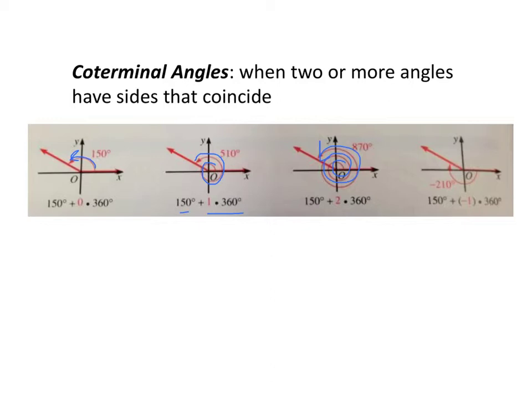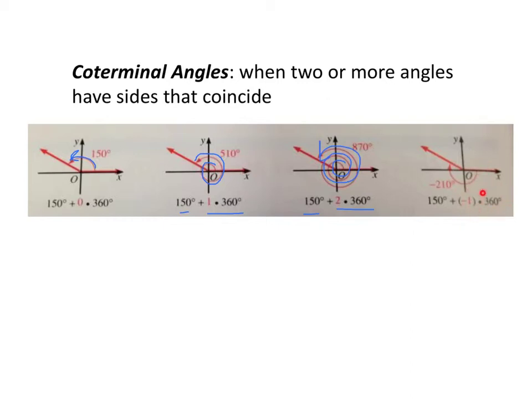So that's why we've got 2 times 360 plus 150. This works going in a clockwise direction as well. What we do then is we begin to subtract. So here, if we begin at the initial side and begin moving backwards, a full rotation would have been 360. That's what this is.